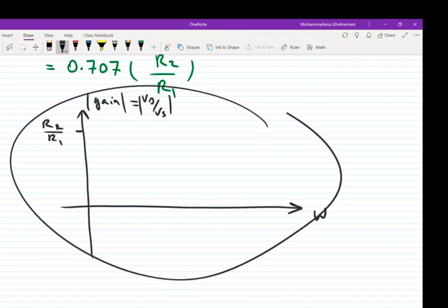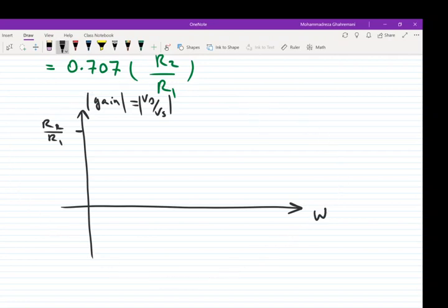This one is the magnitude. It's not the complex value of the gain. It is the amplitude of the gain. So that's the reason why we consider it as a positive number. So here it's 1 over square root of 2 of R2 over R1.